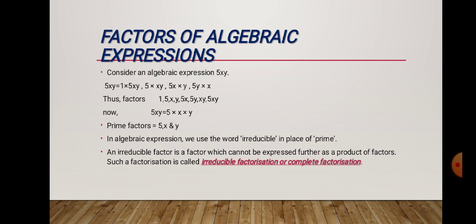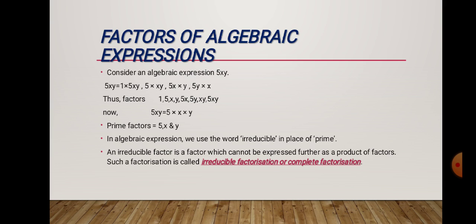Thus, factors are 1, 5, x, y. And we can write in another way also 5x, 5y, xy, 5xy. We can write now 5xy as 5 multiplied by x multiplied by y. So prime factors are 5, x and y. In algebraic expressions, we use the term irreducible in place of prime.